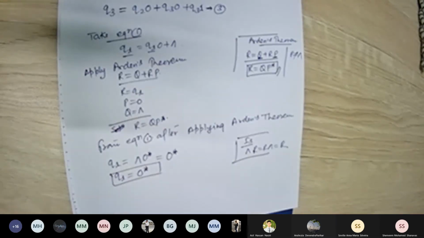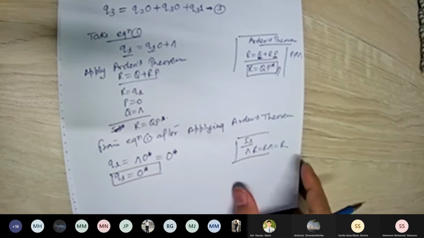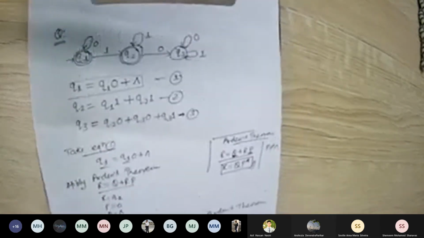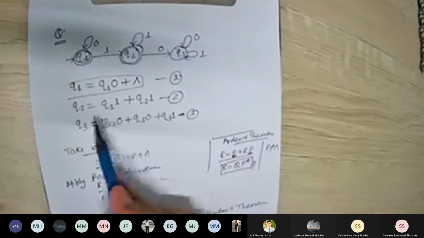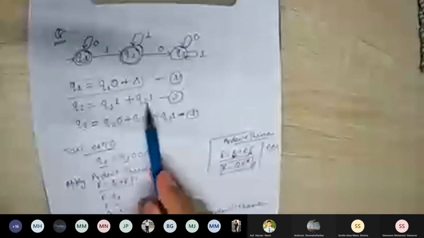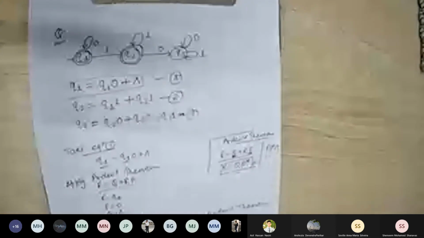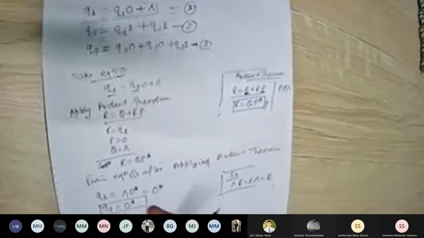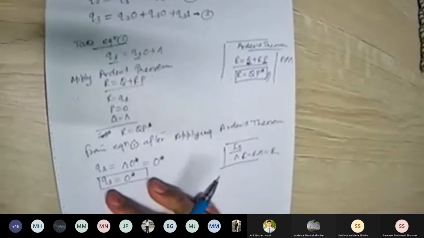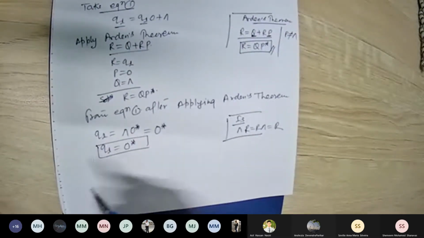So now since you got Q1, what was our equation 2? Equation 2 was Q2 equal to Q1 1 plus Q2 1. So can we apply this Q1 value in equation 2 and get Q2? Yes, sir.